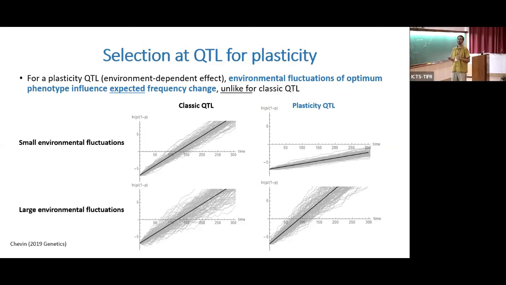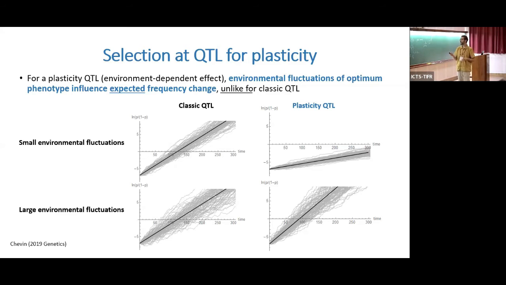So you change the predictability of your environment, or just the variance. Here in this simulation, I just changed the variance of the environment. If you remember from a previous slide, I said, from a quantitative genetics perspective, without looking at loci, how strong selection is on plasticity will depend on the variance of the fluctuations.